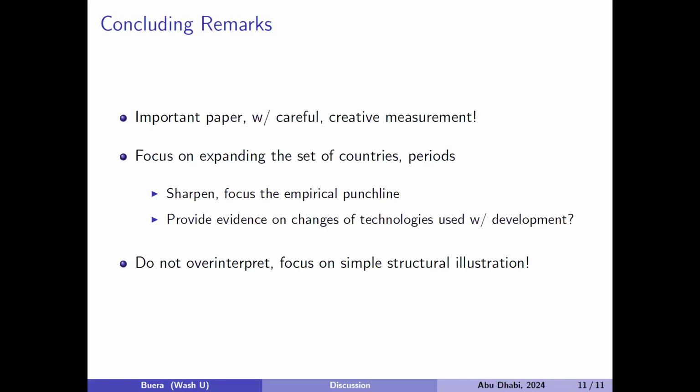And I think the paper will be a great paper if they provide us with this new set of data across countries, and they're already showing these interesting facts. The way I would read the facts is that they provide evidence on changes of the technology being used for development. Just by doing that and documenting that very clearly, it will be a great paper.